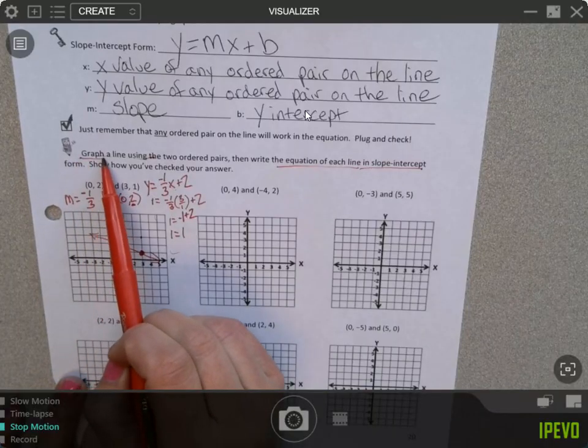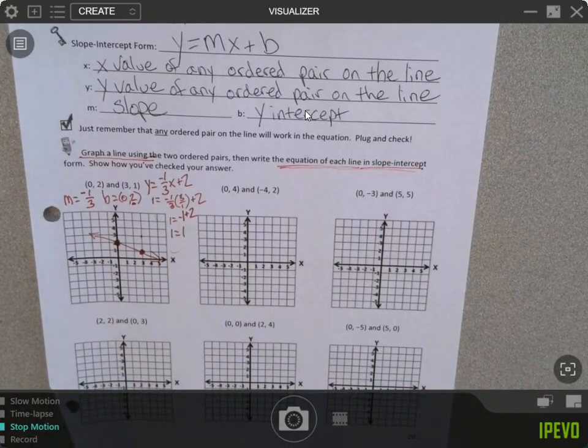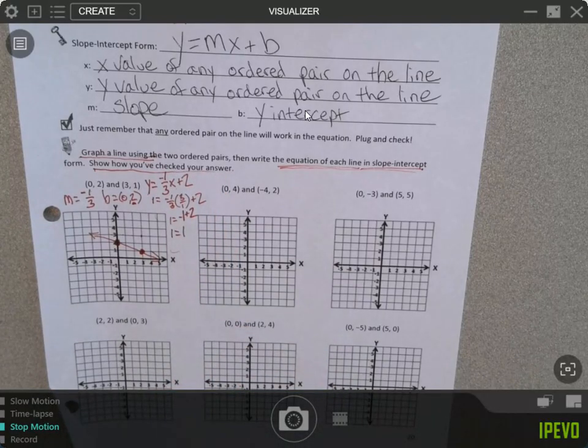So I'm going to be looking for a graph. I'm going to be looking for the y equals mx plus b with the correct numbers put in for that line. And I'm going to be looking that you checked your work. So I'm going to be looking for all 3 things. If you don't have all 3 things present, will we get credit for this homework? No. Let's do one more together. Well, we'll do 2 more together to make sure that we fully understand what we're doing.